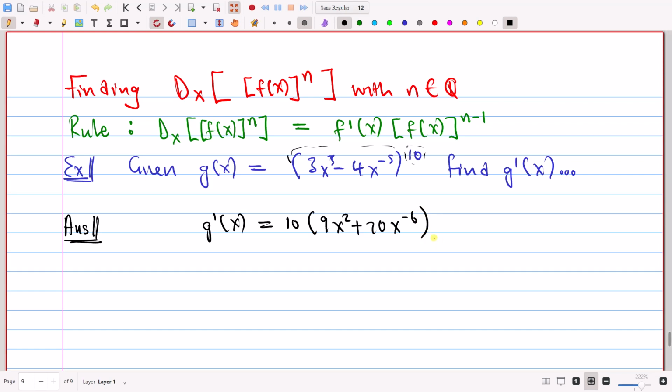After doing that, we bring the original function, which is 3x cubed minus 4x minus 5, to the power 10. And then from the final exponent of the original function, we subtract 1. So overall, we get this.